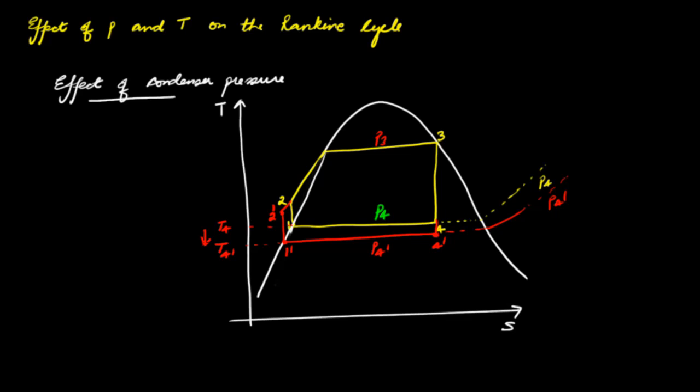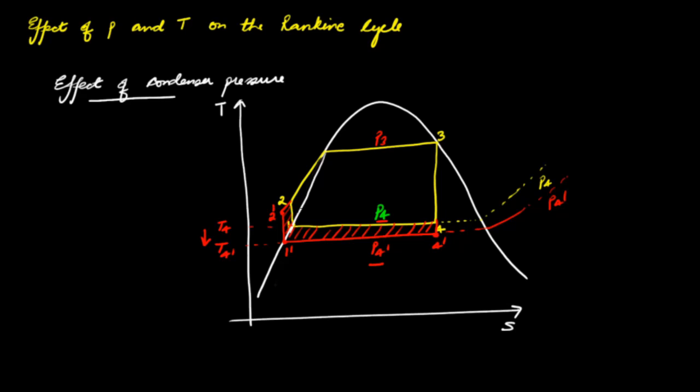Another way to think about this is that when the exhaust pressure is reduced from P4 to P4 prime, then the area enclosed within this cycle will increase by this much amount. That is shown in this shaded region. Recall that the area enclosed within the cycle is the work done by the heat engine, and this area that is shown in this shaded region is the additional work that is now being done due to reduction in the pressure.